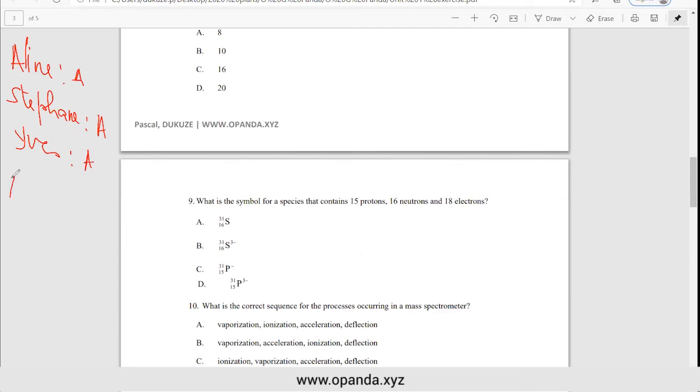And we also have Pacific with the suggestion which is A, and Frank, the suggestion is also A.